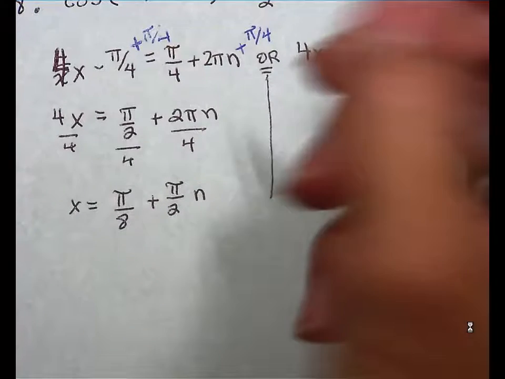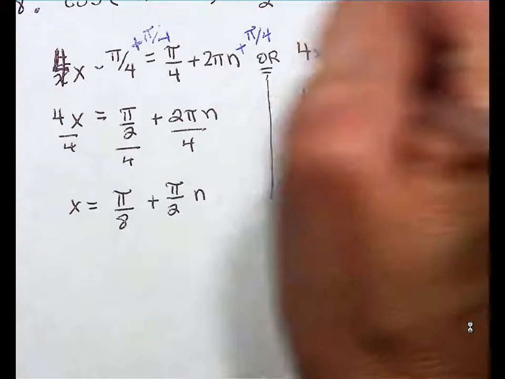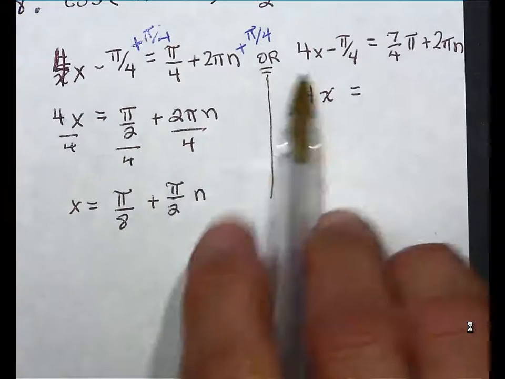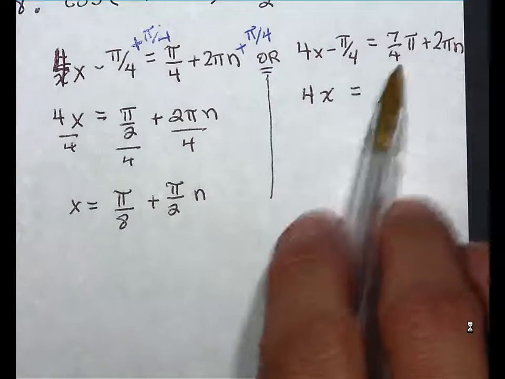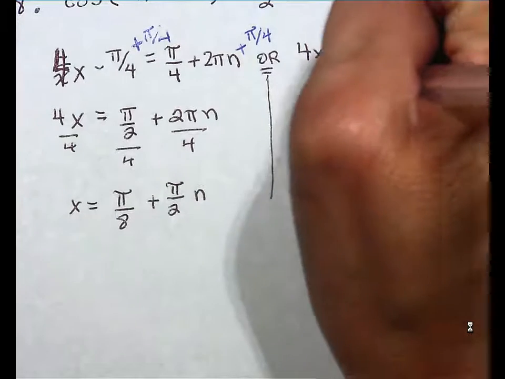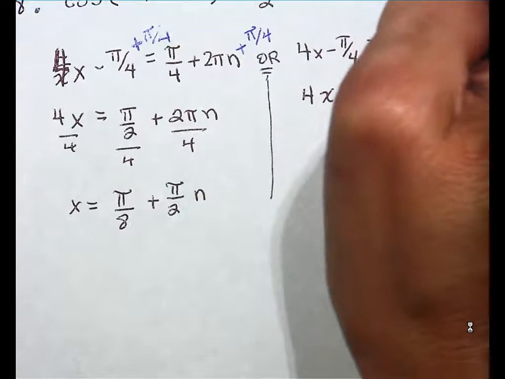And the other equation, when I add pi over 4 to both sides, I'll have 8/4 pi, which is just 2 pi plus 2 pi n.